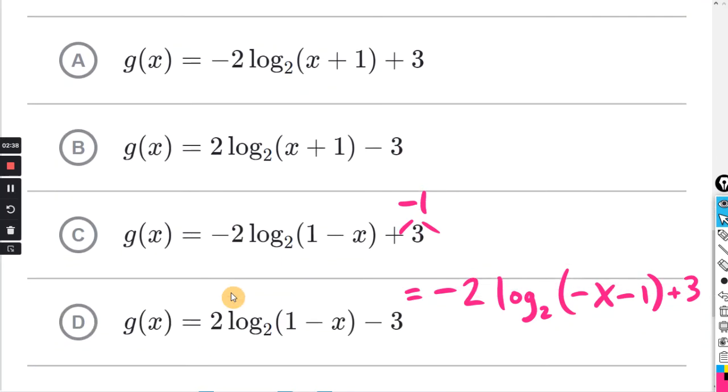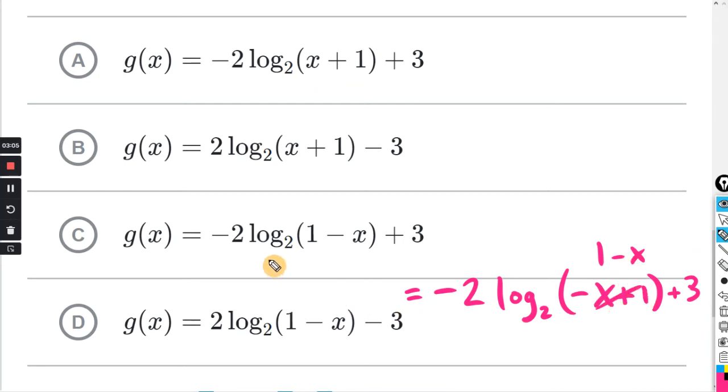So, let me see. Previously I said the -1 gets distributed to both terms. I think it just gets distributed to the x. So that stays as +1. So -x plus 1 is the same as 1 minus x.